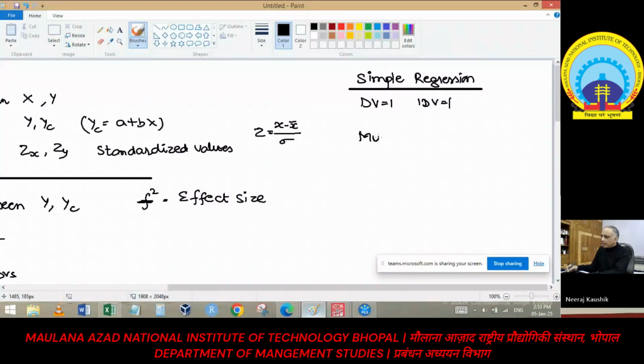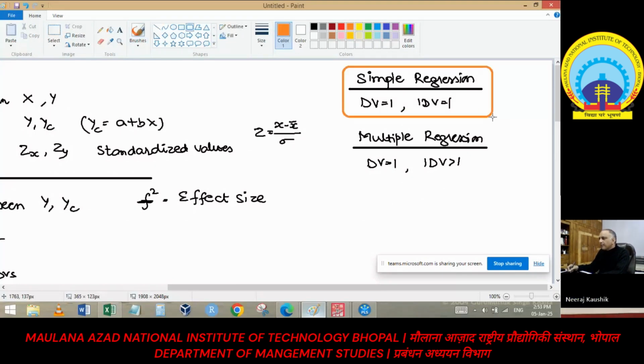In multiple regression, DV is always 1, but IDV is more than 1. Simple regression, DV is 1, IDV is 1. Multiple regression, DV is always 1, but when IDV is more than 1, it becomes multiple. Simple and multiple regression.